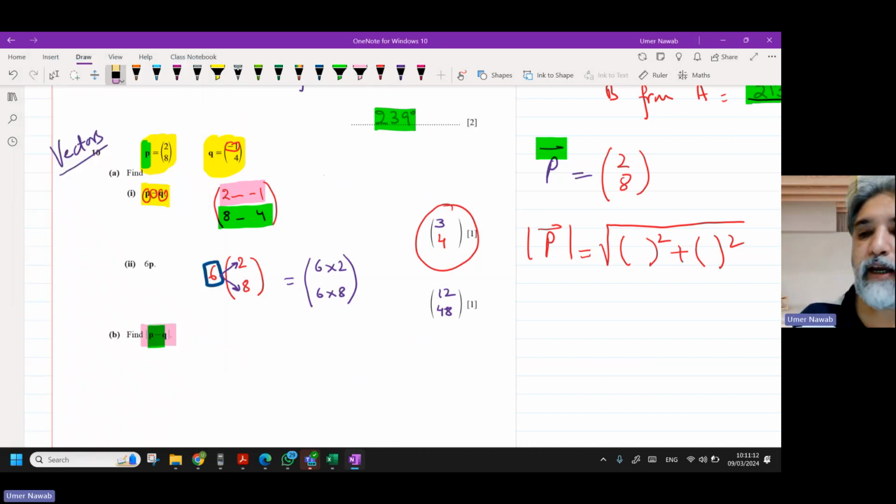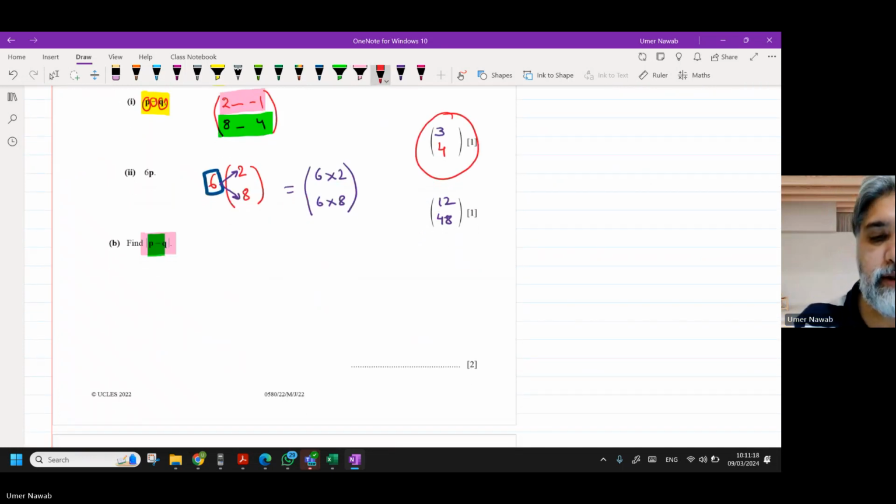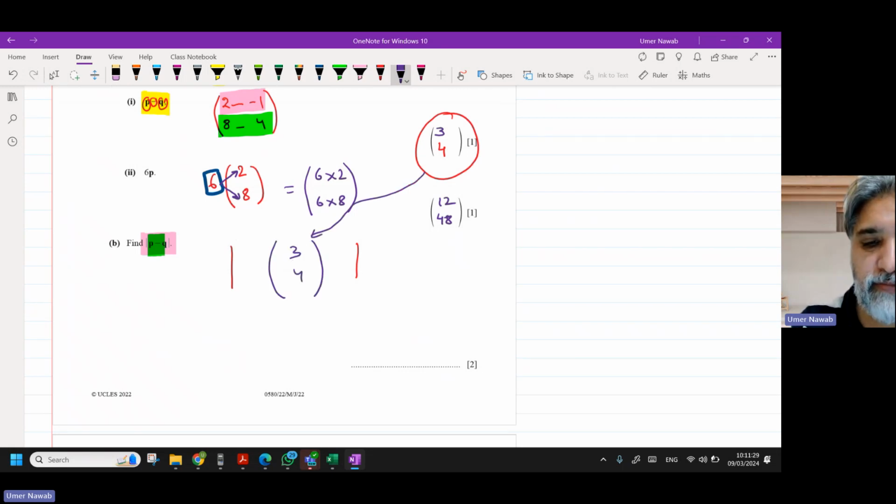Am I looking for the magnitude of P? No, I'm not looking for the magnitude of P. I am looking for the magnitude of the P minus Q vector. Do I have the P minus Q vector? Did I calculate it? Guys, I have already calculated it. Can you write it here? 3, 4. So when you put the bars around them, it means I have to write square root, bracket open, close squared, plus bracket open, close squared.